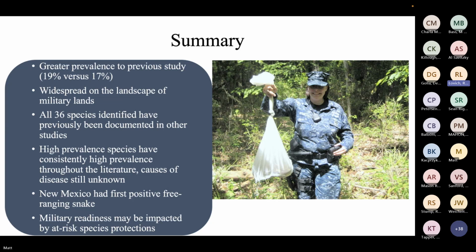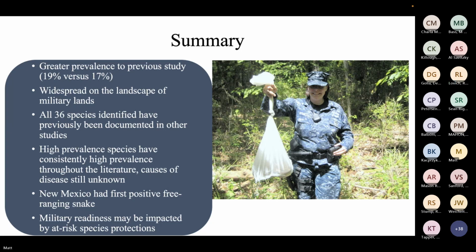All 36 species had previously been documented in other studies with snake fungal disease. The high prevalence species have a consistently high prevalence throughout the literature, and the causes of that are still unknown directly.